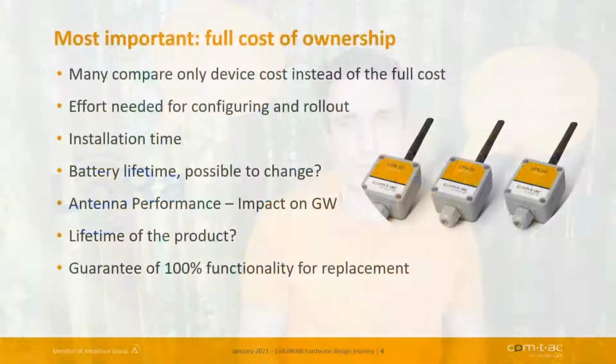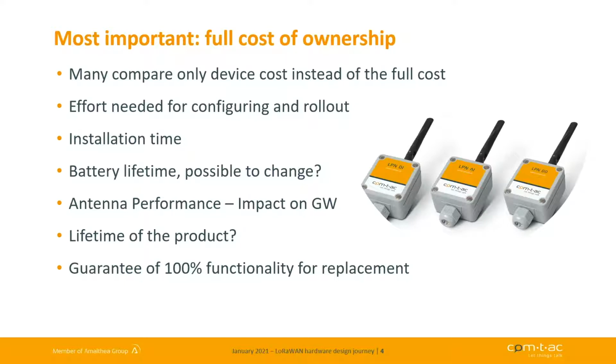The key to answering that, we see, is in the full cost of ownership. You should always take into account what the costs are through the full life cycle of the product in the field. A lot of the costs are not only the device costs, but costs for the installation process and the configuring of the device itself.